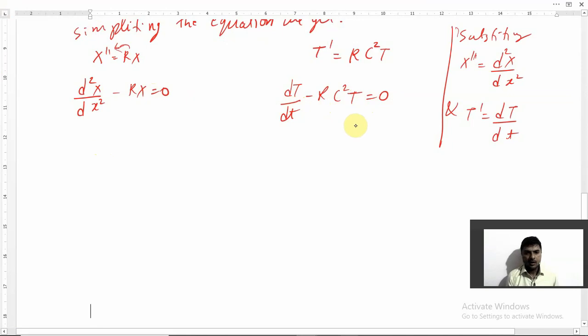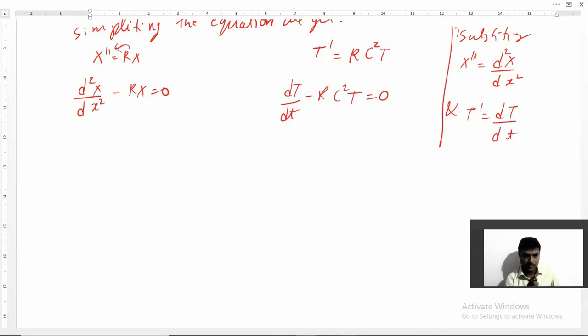Okay, now for t and r, what are the equations we are going to get? We don't know what r is. R is positive, r is negative, or r is 0, depending on the conditions. It is a specific heat, please remember this, friends. R will be positive if the temperature at both the ends is the same. Correct, r is positive. This is one condition.